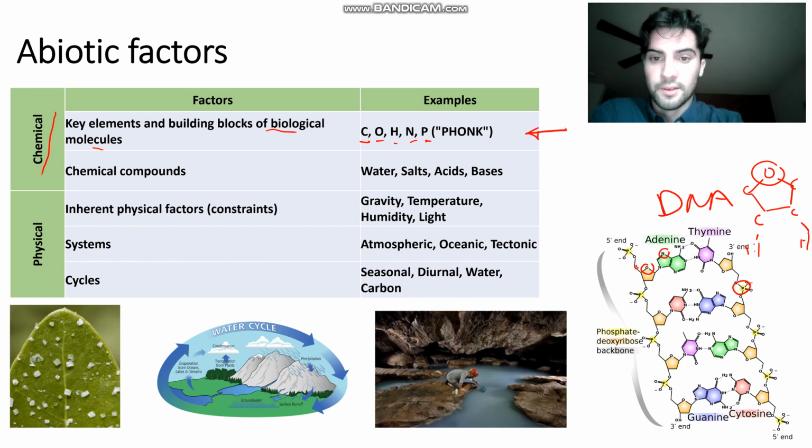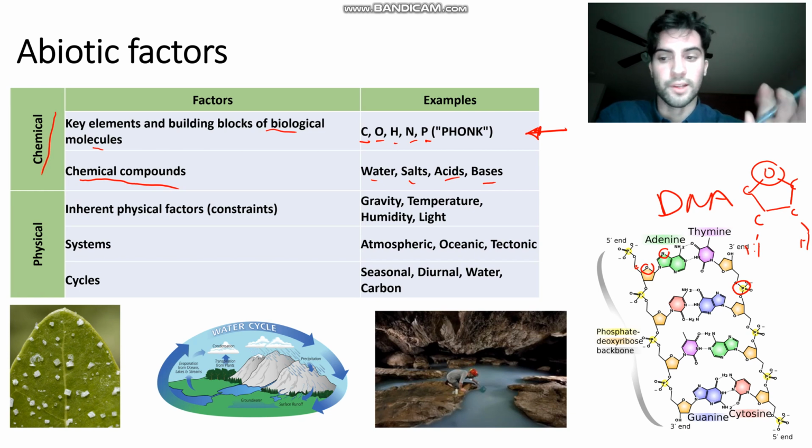So these are the key elements for the building blocks of life. And we have more chemical compounds like water, salts, acids, bases. So there are a lot of abiotic factors that will affect the organisms living in that space.